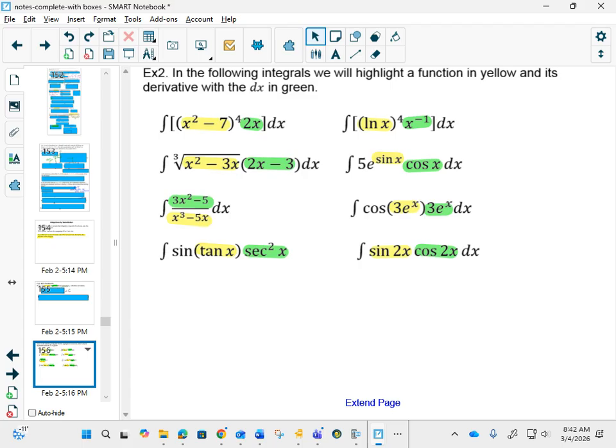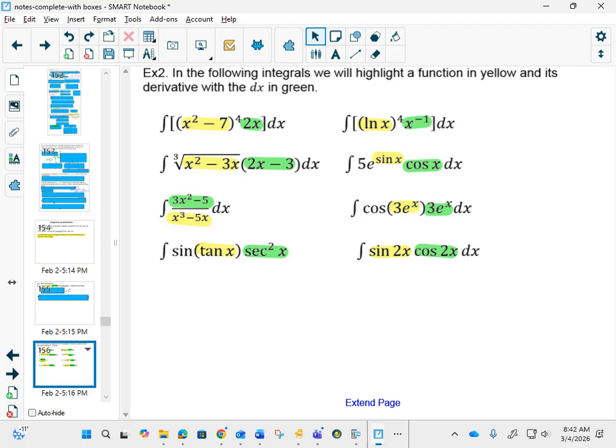So I should also look for derivatives inside of integrals. So can I see an inside function? And do I see its derivative in the same equation?